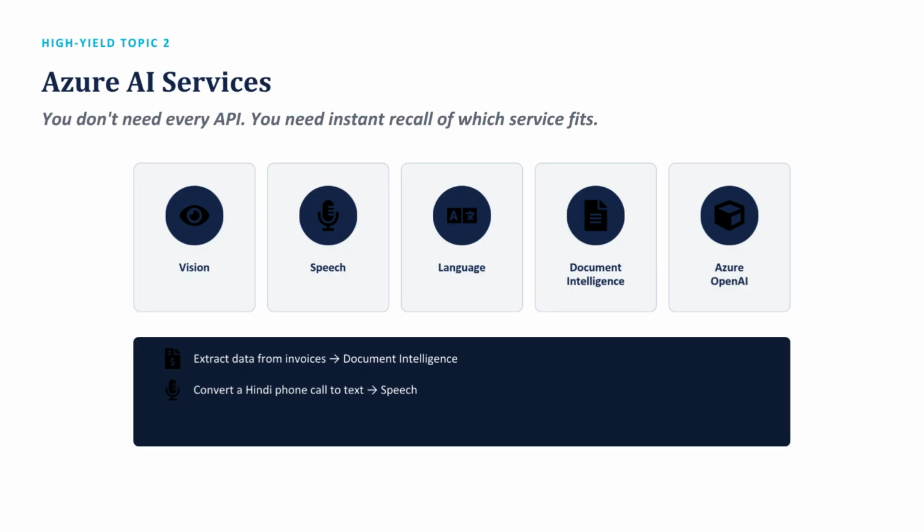If you have to convert a phone call into text, that's speech. Need to build a chatbot using GPT? That is Azure OpenAI Service. That is exactly how the AI 901 exam asks questions. It gives you a business scenario and you need to choose the right Azure AI service. The faster you can match the problem to the correct service, the easier these questions become.